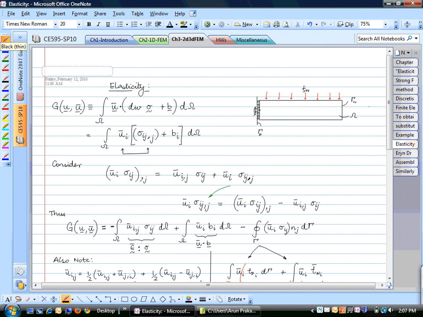So if we consider this quantity, we take the derivative of that with respect to xj. What we are going to get using the product rule is the derivative of this quantity first times sigma ij, plus the same ui bar times divergence of stress. So this right hand term is the exact term that we have here.